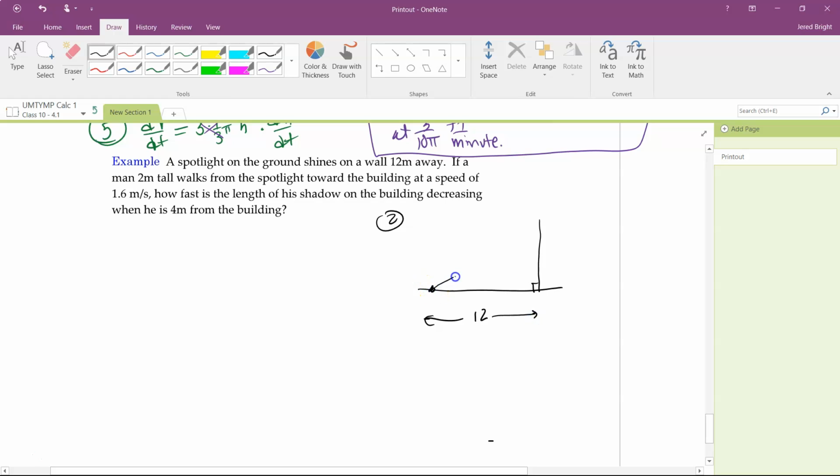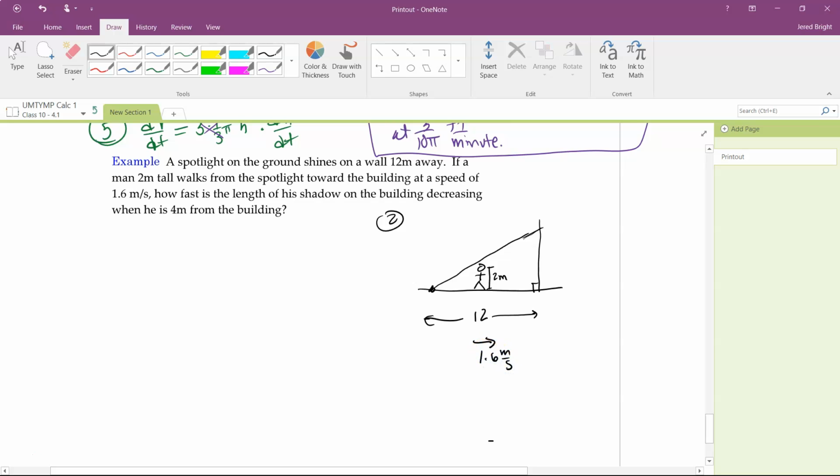And here would be the shadow that it would make. And if a 2-meter tall man, here's the man, and we know that he is 2 meters, walks from the spotlight towards the building, he's going this way at a speed of 1.6 meters per second.